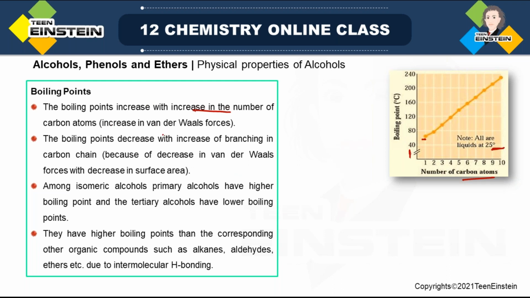That means when carbon atoms are increasing, the hydrophobic part is increasing. There is an increase in van der Waals forces. Now the hydrophobic part, that is the alkyl part, ROH. How is it related to van der Waals force? Suppose R, as it is carbon and hydrogen, has no such polarity, right? But suppose at a particular moment in this region, there is accumulation of negative charge on one side and positive charge on the other side, and another R group is oriented in this way, there will be some interaction between these oppositely charged regions.